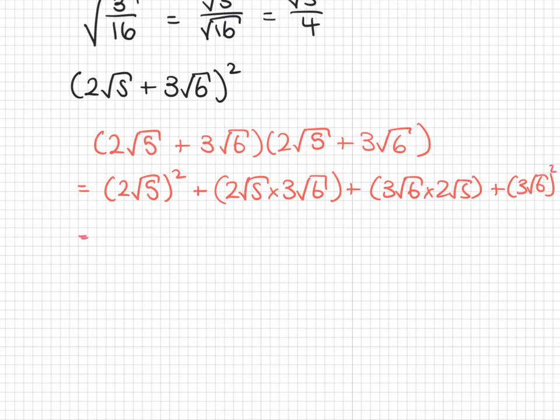And if I simplify those, 2 root 5 squared: 2 squared is 4, root 5 squared is 5, so that would be 4 times 5, that would be 20.